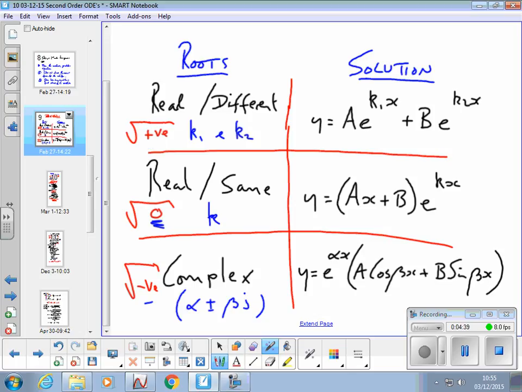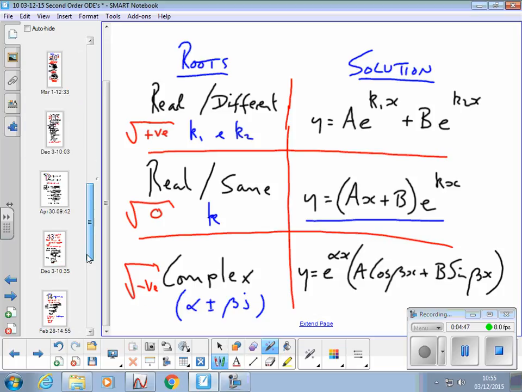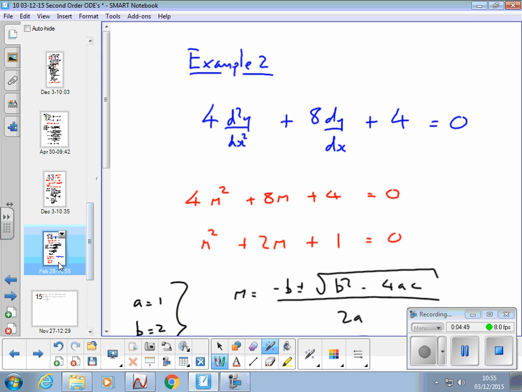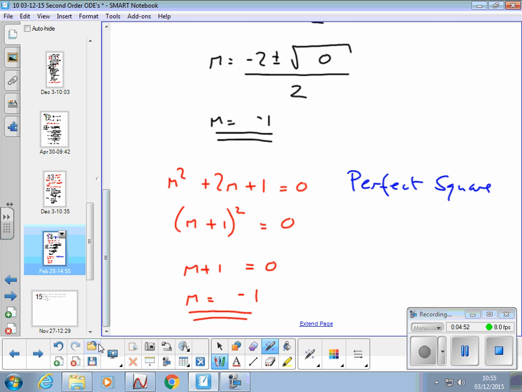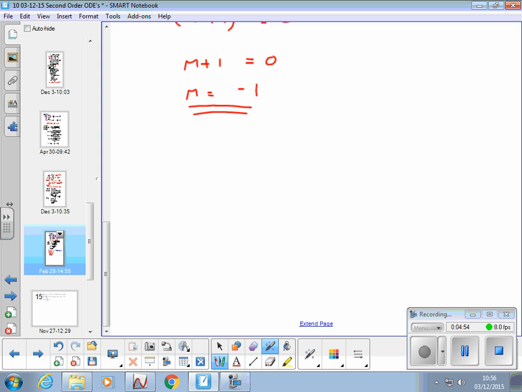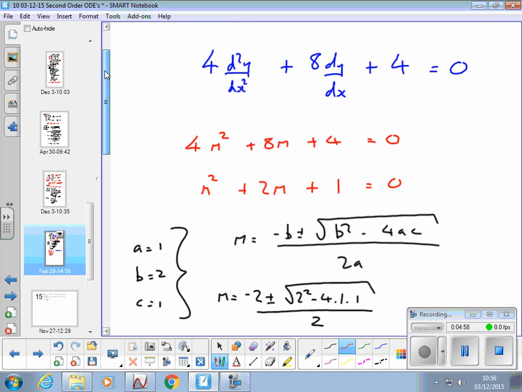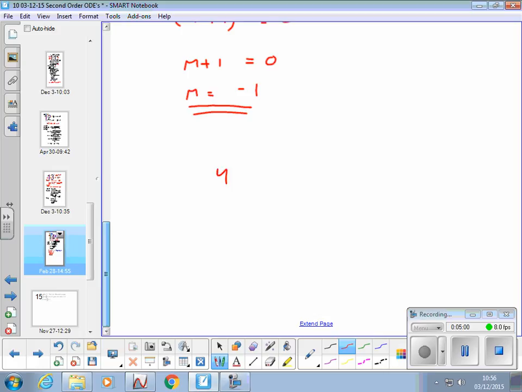So now we can write down our general solution. It's of this form: y equals (ax plus b) e to the kx. So we can go back to our example and write down that general solution. In this case it is y and x, so y equals (ax plus b) e to the kx. That's our general solution.